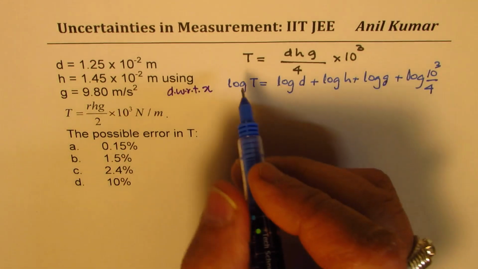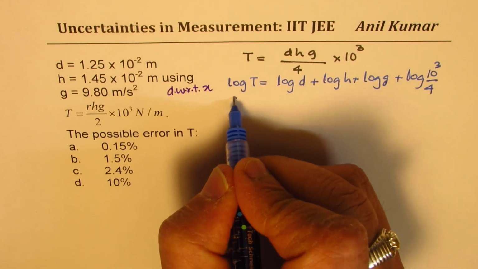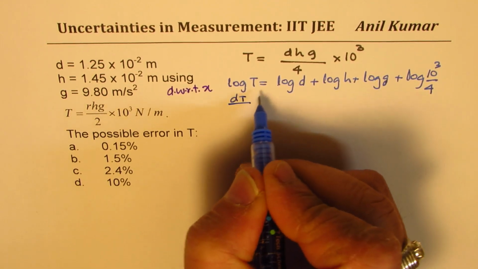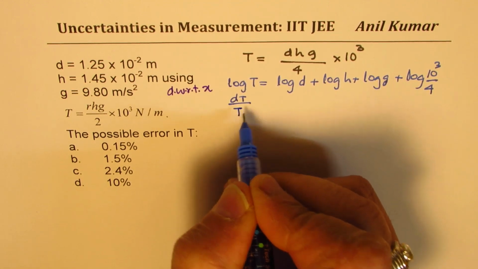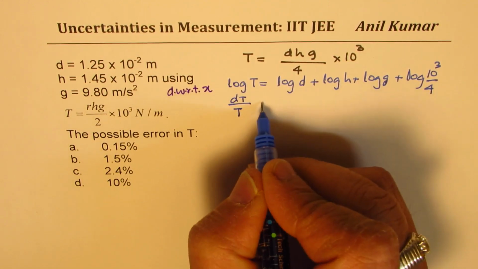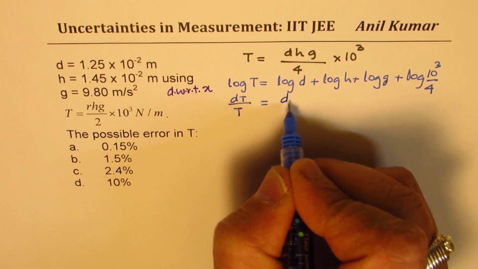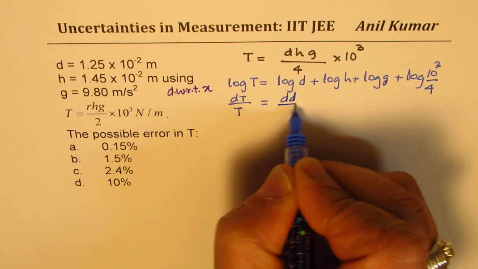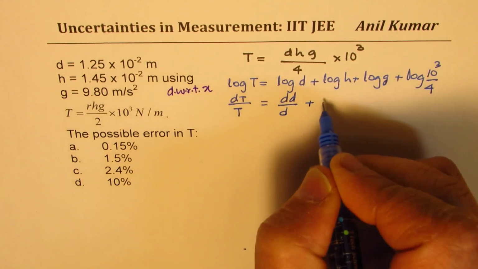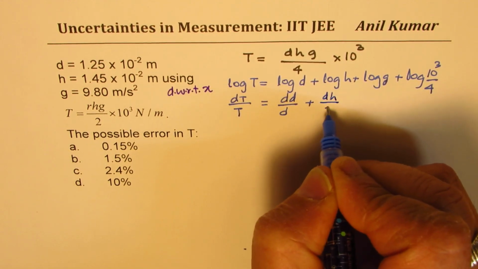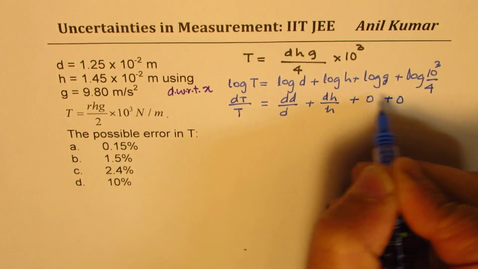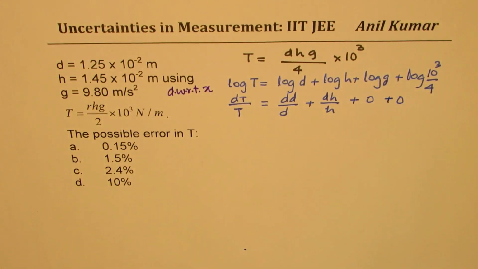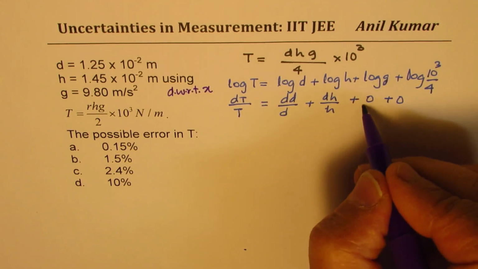We get dT over T, and here we get dD over D plus dh over h, plus these derivatives are 0 because they are constants. So these derivatives are zeros because they are constants.